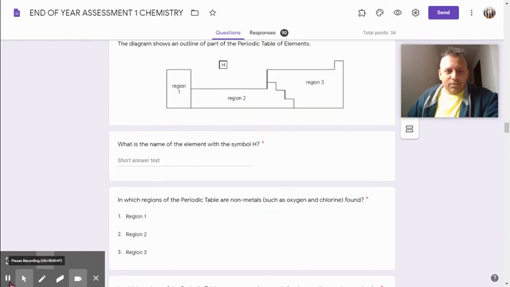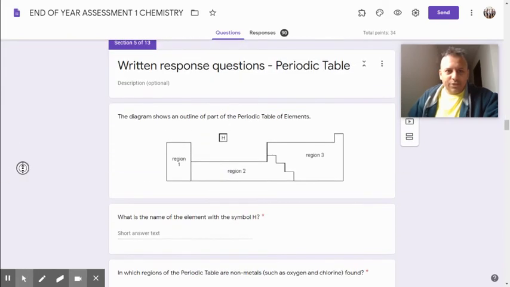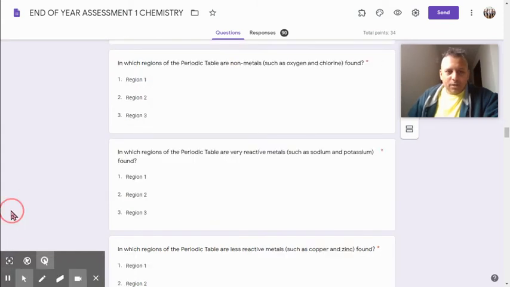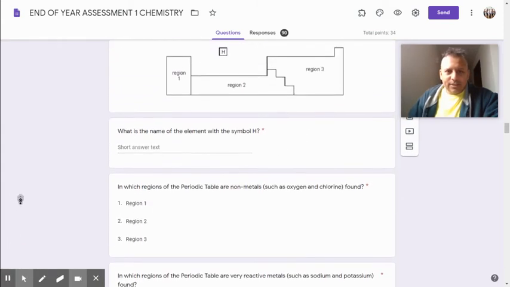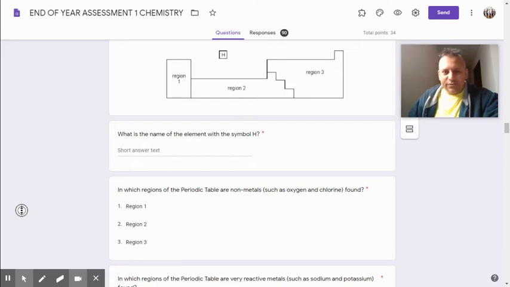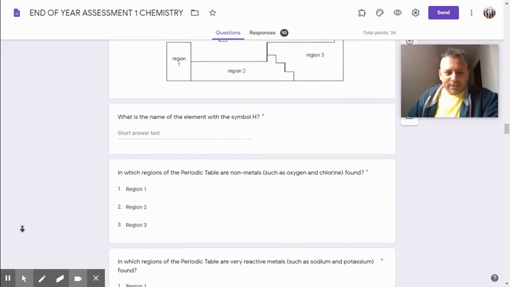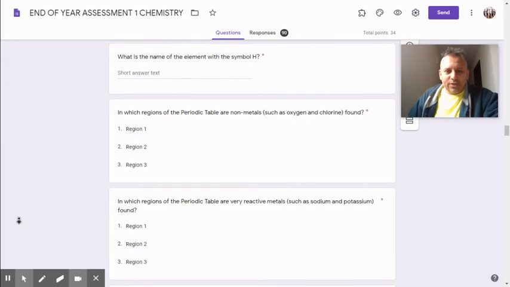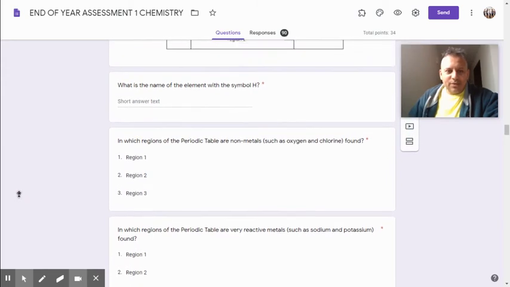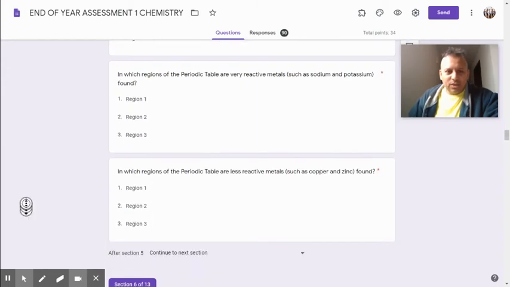The next question was the first question that actually required written responses. The next question was, what is the name of the element with the symbol capital H? The answer is hydrogen. The question following that is, in which region are nonmetals found? It's region 3. That's the answer to that. The regions where you have very reactive metals such as sodium and potassium are in region 1.